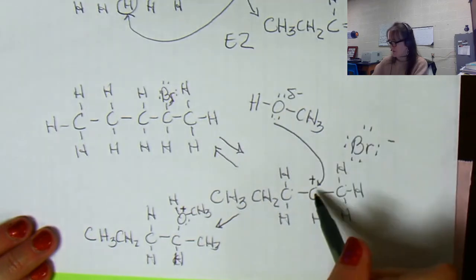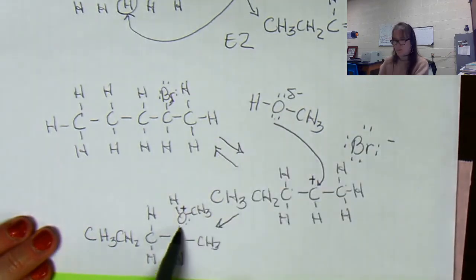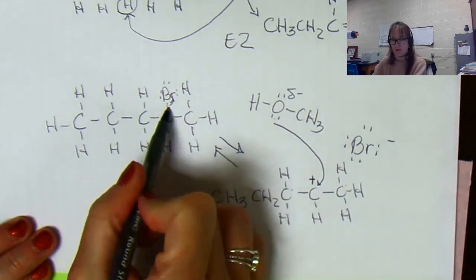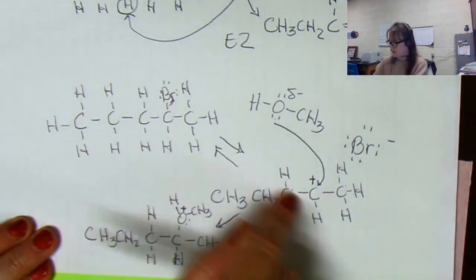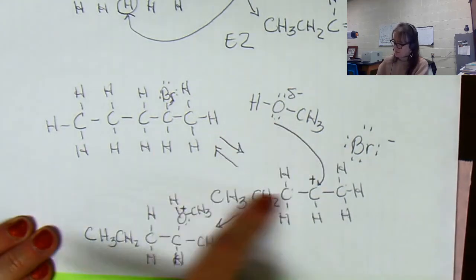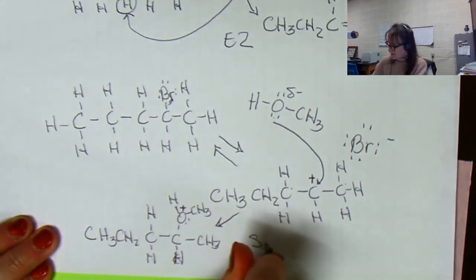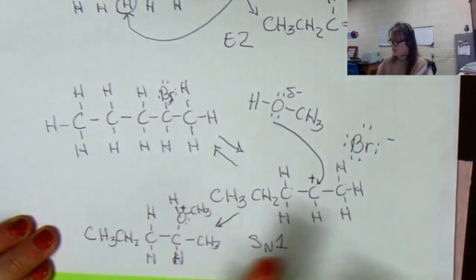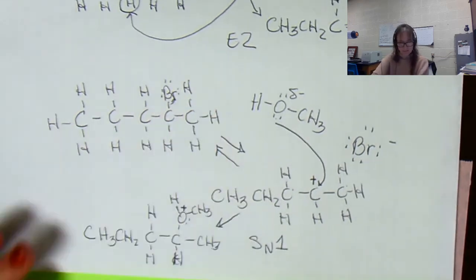It's most likely to bond to here. So you end up with this nucleophile being substituted where the bromine had been. And since it occurs in 2 different steps, first the bromine leaves, then the nucleophile starts to attach, it is an SN1 reaction. The rate determining step is this reaction here.